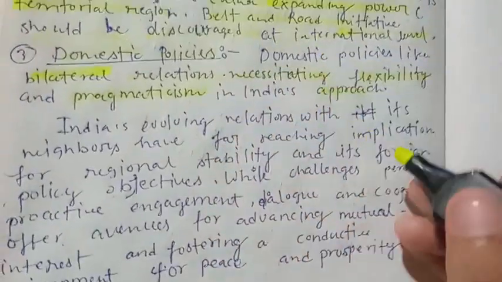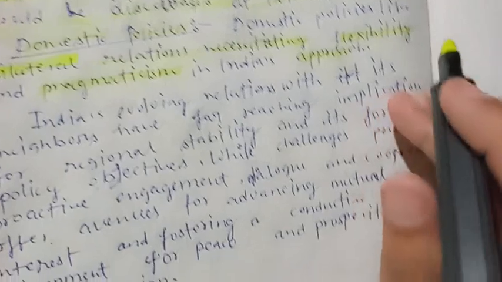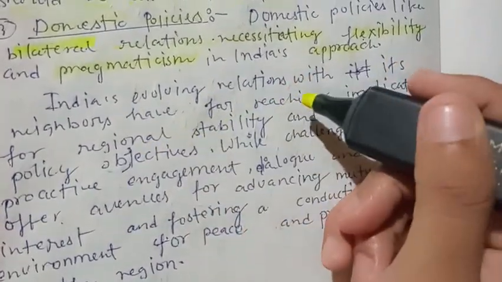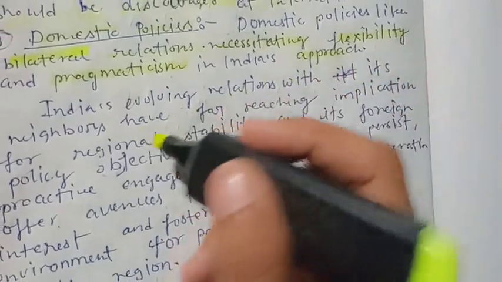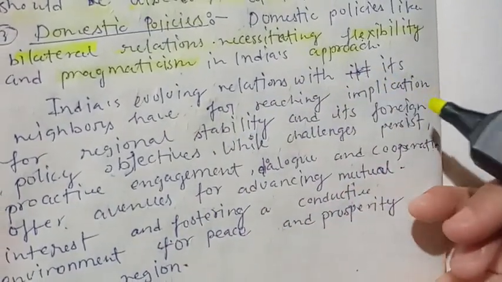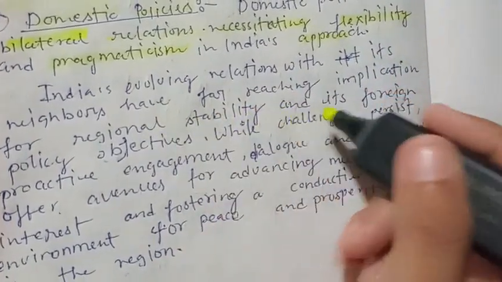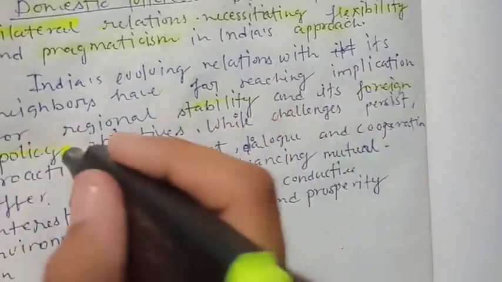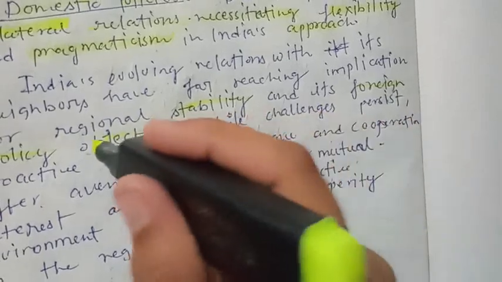And next is the conclusion. India's evolving relations with its neighbors have far-reaching implications for regional stability and its foreign policy objectives.